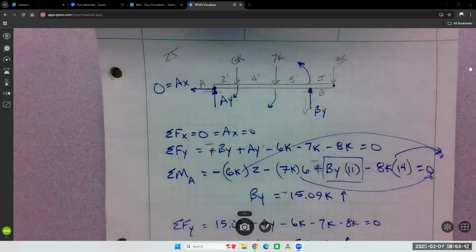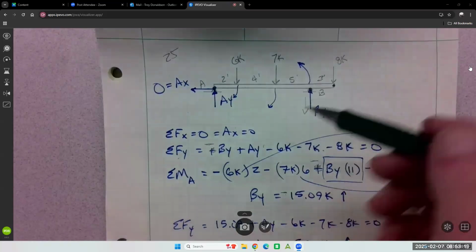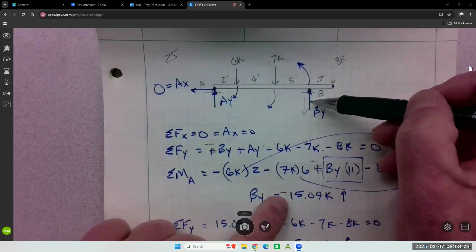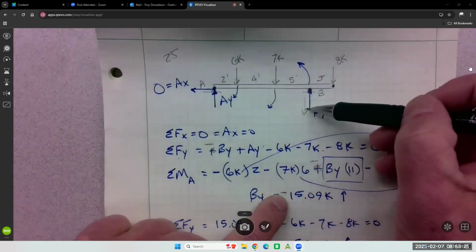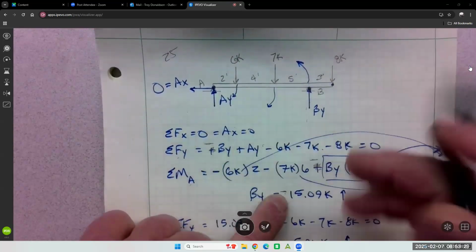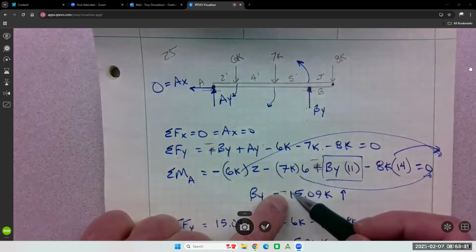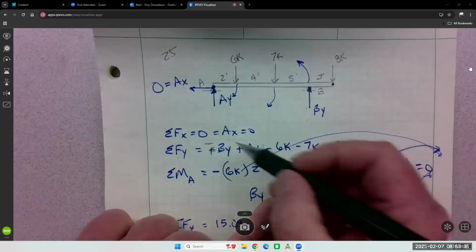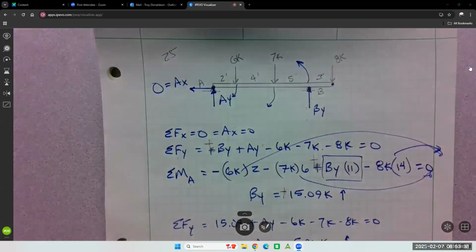It's telling you, you assumed the wrong direction. Go switch it. Okay? Because BY is not in the negative, it's positive. So this is just telling you, hey, it's not pointing down. It's pointing up. So as soon as you get a negative, you go switch it, and then you switch the sign, you switch the sign, and you switch the sign.